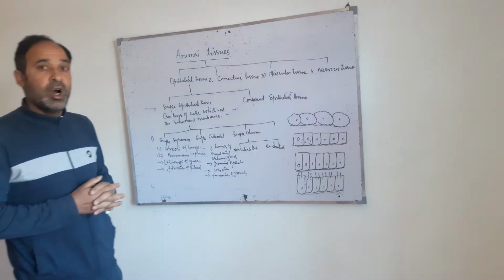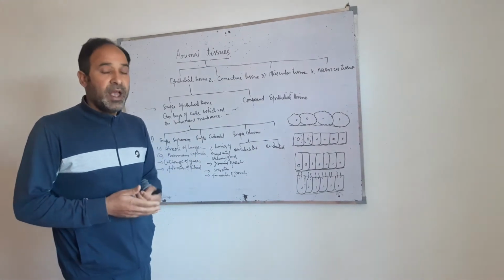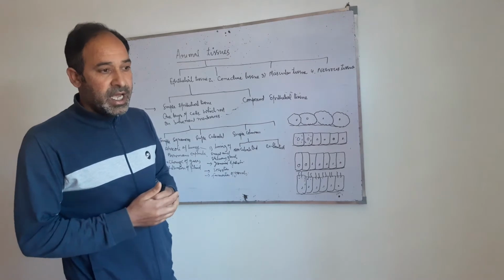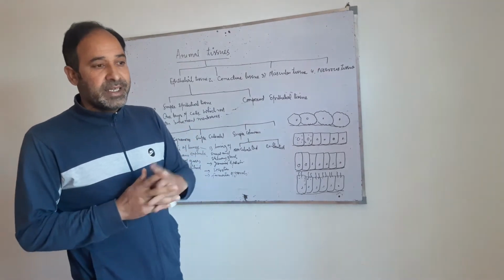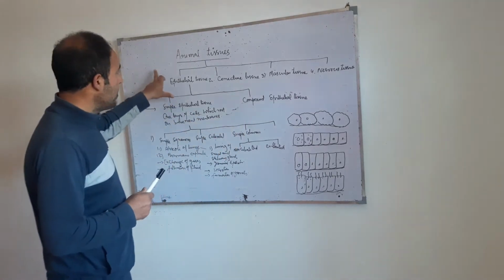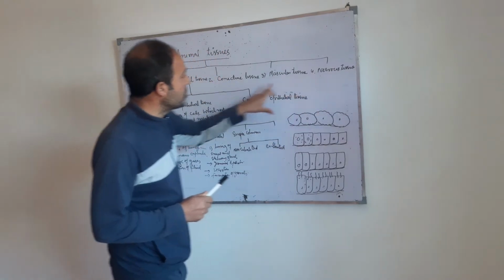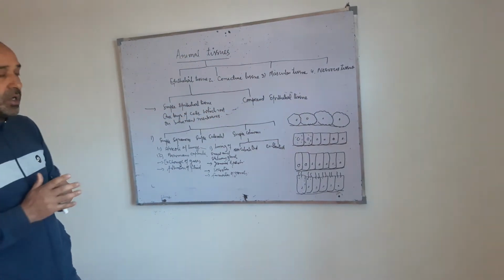All these tissues have some sort of origin from where they have developed. As the animals are formed, as gastrulation occurs, 3 primary germ layers are formed: ectoderm, endoderm, and mesoderm. These animal tissues all come from these layers.